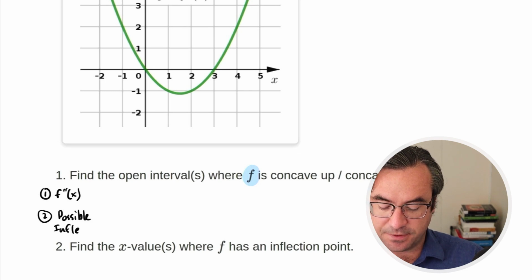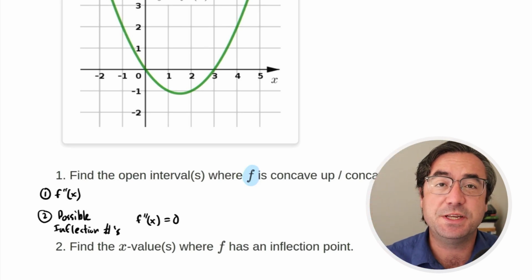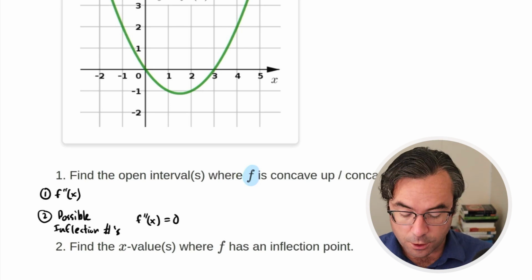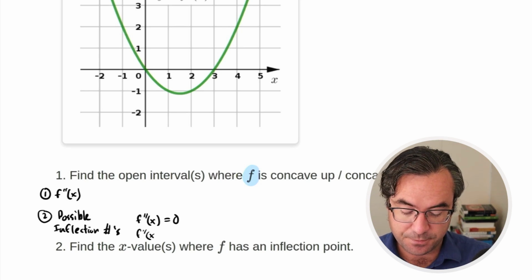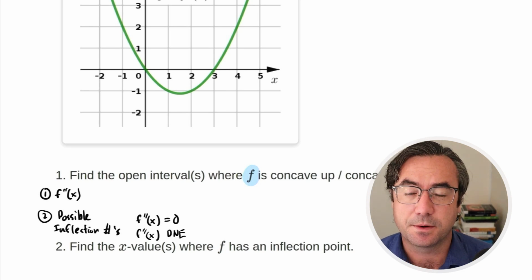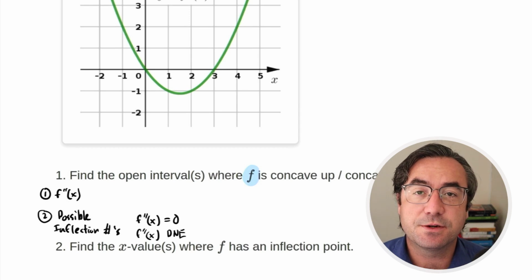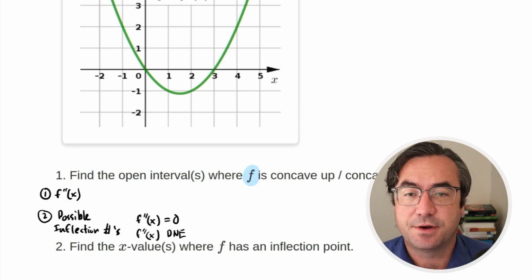Look for the possible inflection numbers. And there were two possibilities. Either our second derivative could be 0, or the second derivative is undefined. So those are the two things that we're looking for. Where is the second derivative 0, and where is the second derivative undefined?